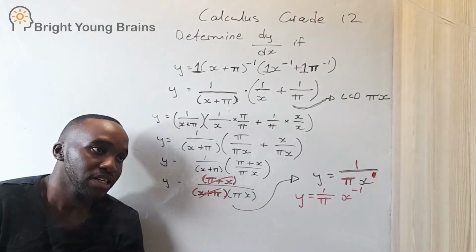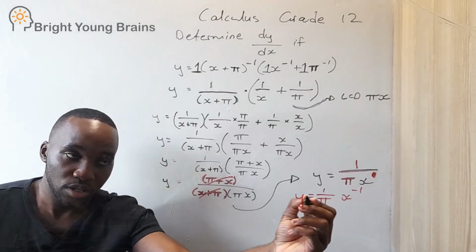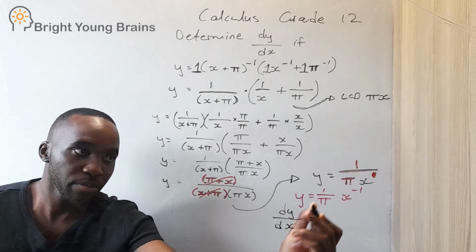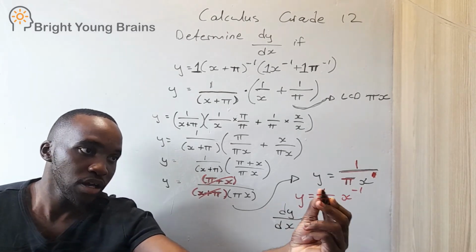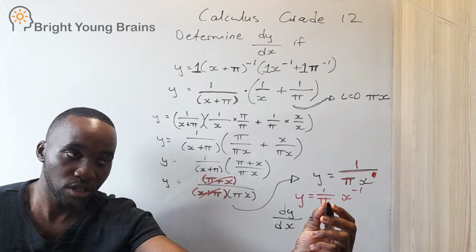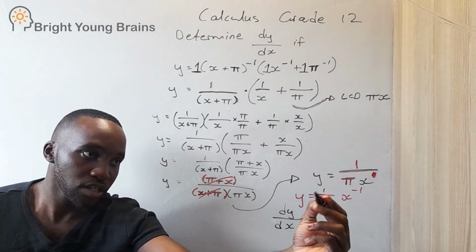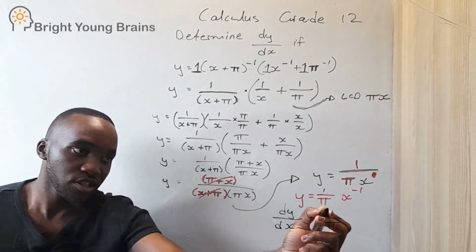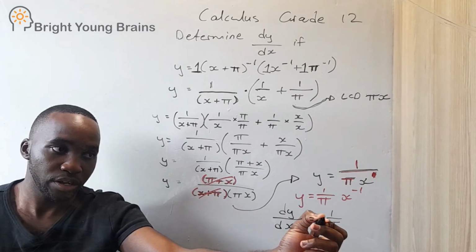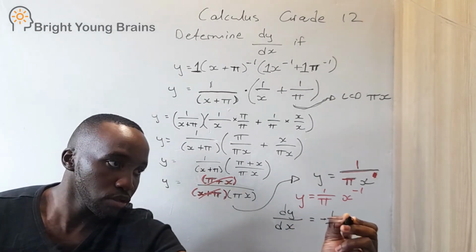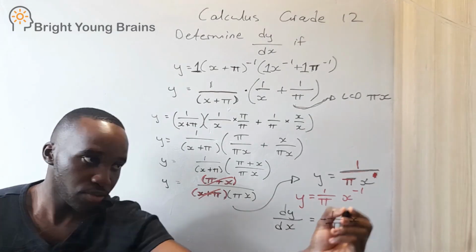If we're going to differentiate, -1 times 1 over pi is the first thing we have to do. -1 times the coefficient is just -1 over pi with a negative. Then our power rule tells us that we have to remove 1 from the exponent.